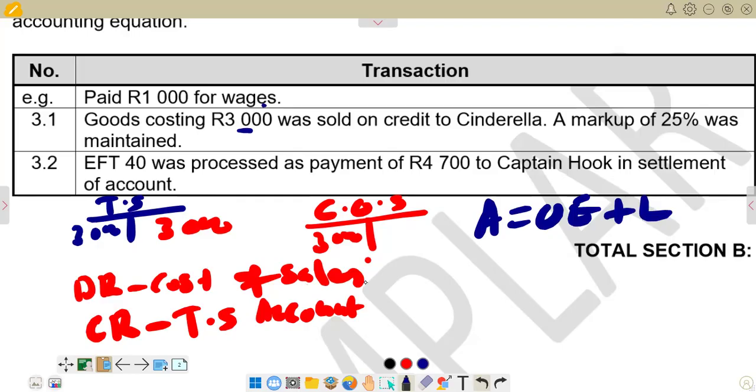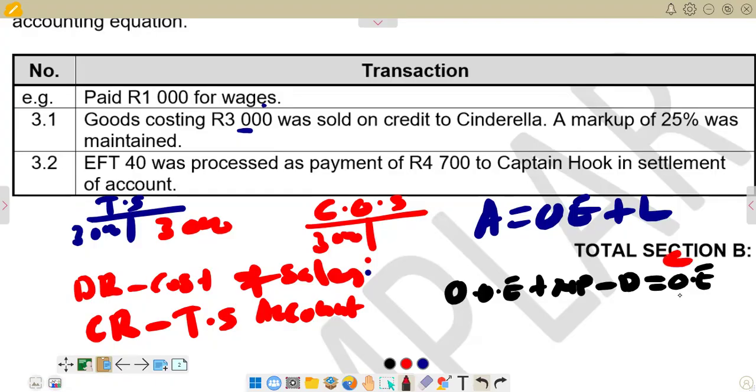So we start with our cost of sales. We see that cost of sales is adjusted in the income statement. So in the income statement, that's where we calculate our net profit. So it's going to affect our owner's equity. Remember, the formula that we use in the calculation of owner's equity is you take your opening owner's equity, and then you add your net profit, and then you subtract your drawings, and then you get your owner's equity, which is the closing balance.